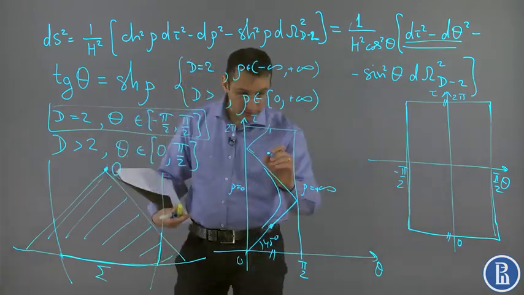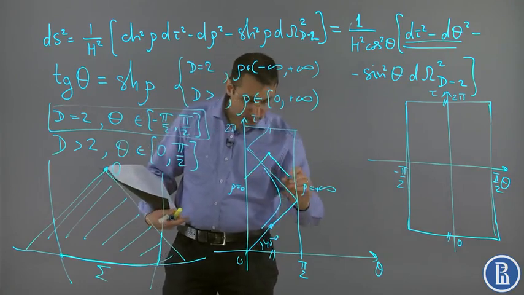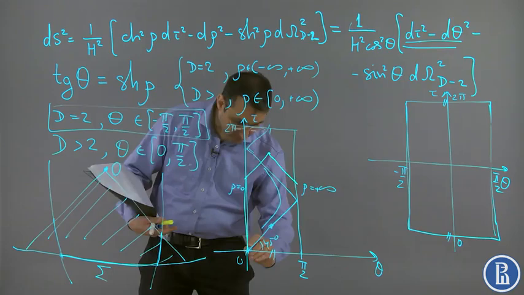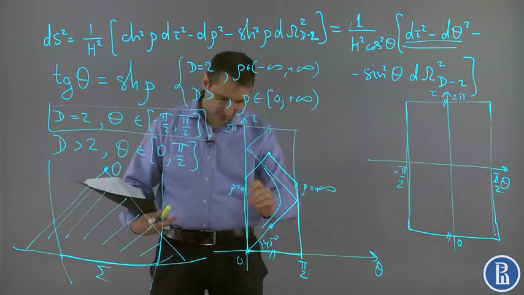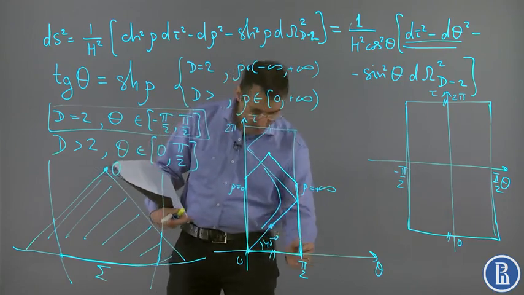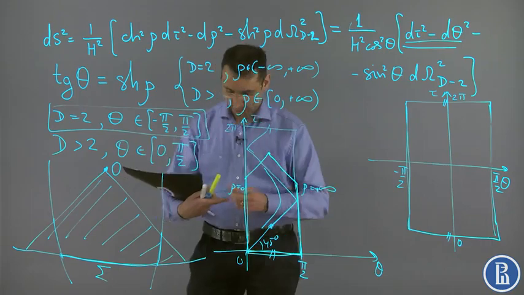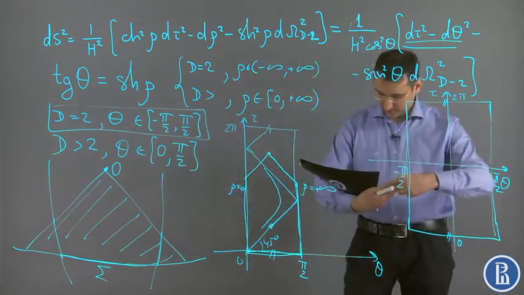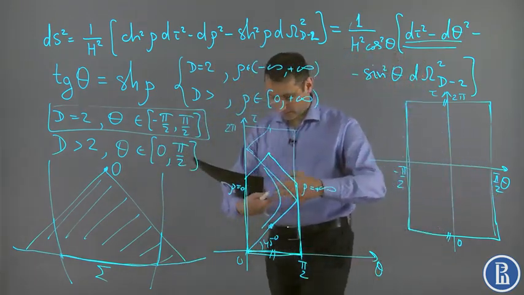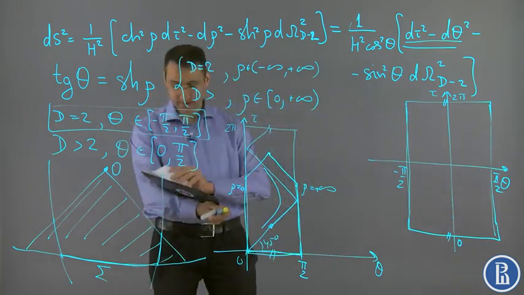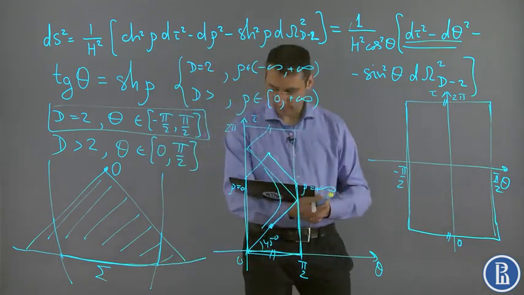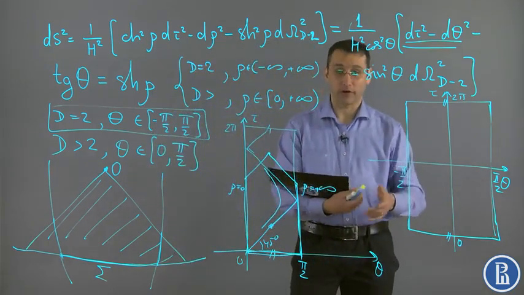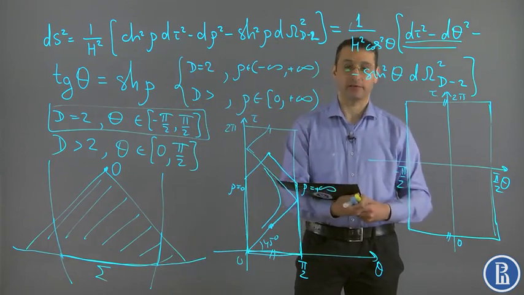So if you want to solve something here, you have to specify a boundary condition here and an initial condition here. That's how the absence of global hyperbolicity of anti-de Sitter space reveals itself. And we're going to continue our discussion with Poincare coordinates and the Poincare patch of anti-de Sitter space.